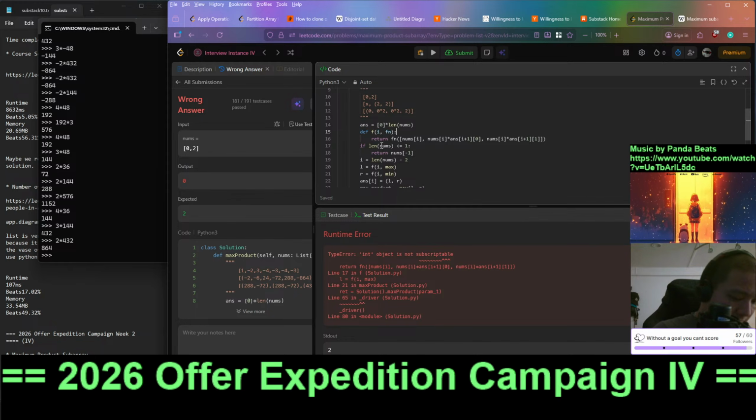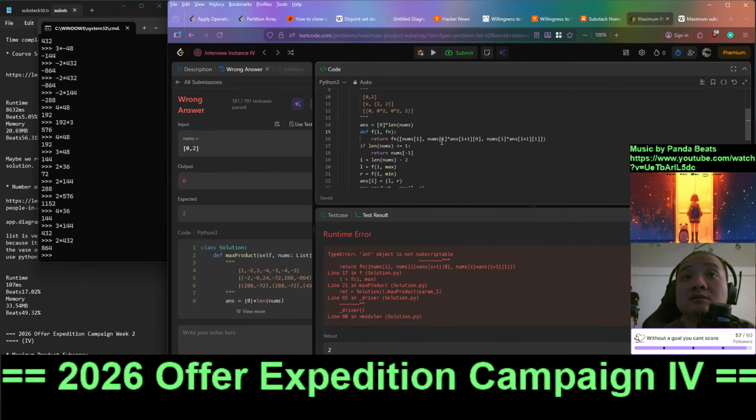So if we have two elements, right, it's going to be 0 or 2, or 0 multiplied by 2, right?